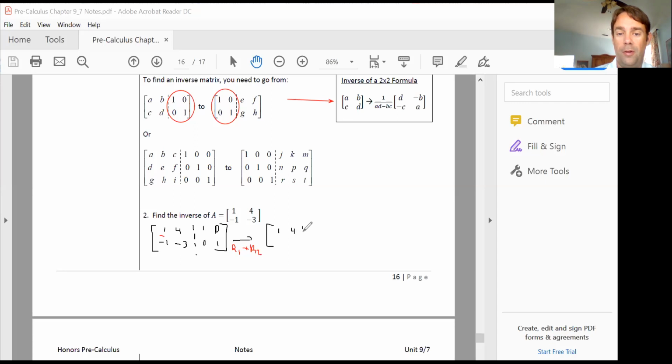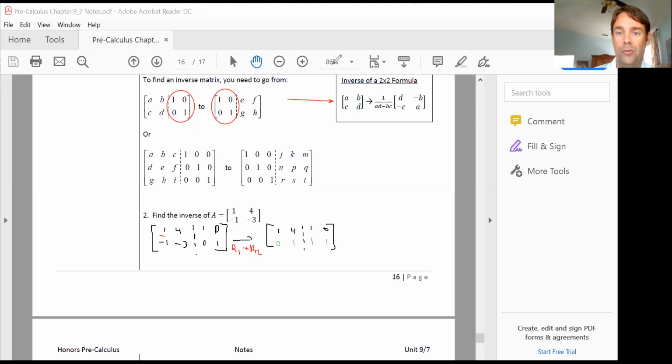Now I have to make 1s and 0s pop up all over the place. So 1 plus -1, that would be 0. So that's what I'm changing right there. I got 4 plus -3, 1. Thank goodness I got a 1 there. So this is going to actually not be so bad. We're going to get through this one fairly quickly, which is nice.